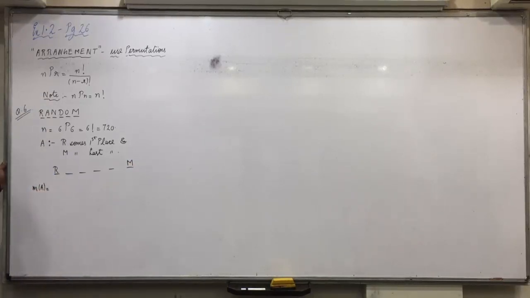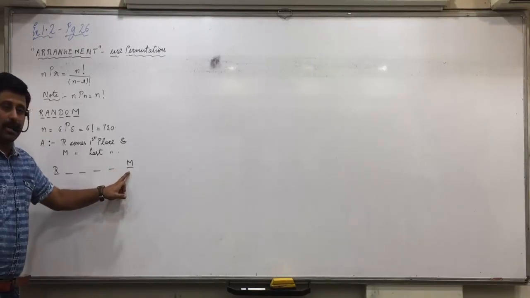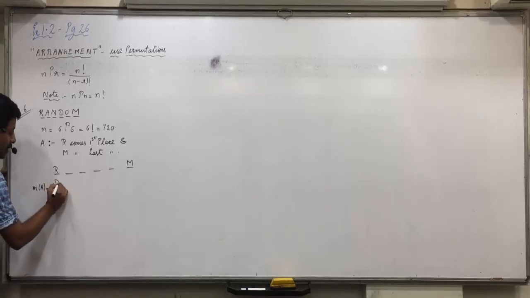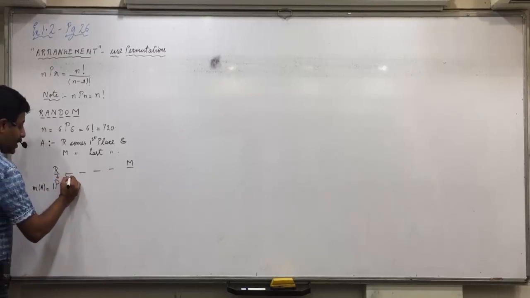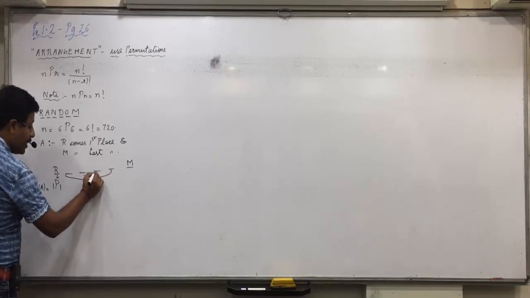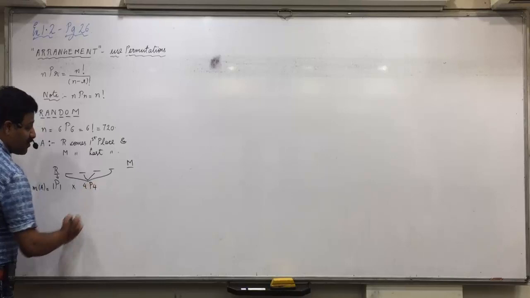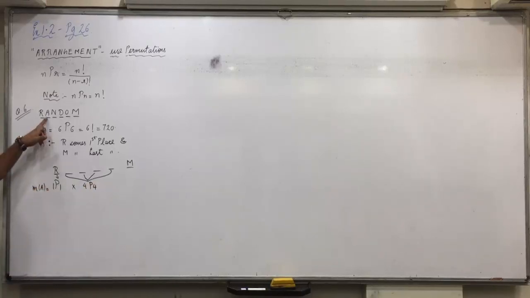If you remember, last year I used to tell you if R comes first, then paste R with Fevicol over here so it will not move anywhere else. Place M with Fevicol over here so it will not move anywhere else. Means one letter to be arranged in one place, 1P1, one way, and the remaining 4 letters to be arranged in 4 places, 4P4 ways. That is A, N, D, O.